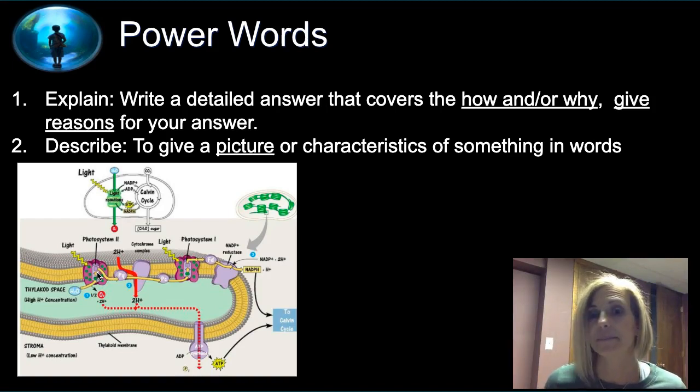Or describe it. Or make a video and explain it or describe it to somebody in our class. But you need to practice, right? So when you see explain, know what they're asking of you, because if you describe instead of explain, you're not going to get your points. And describe is maybe a little bit simpler than explaining.